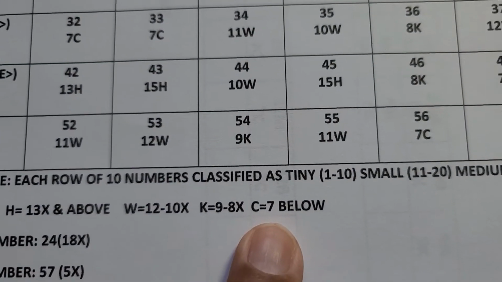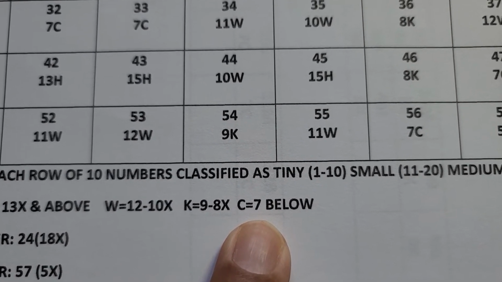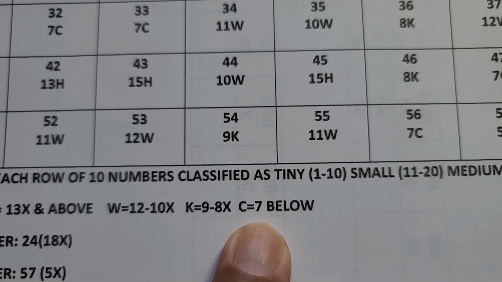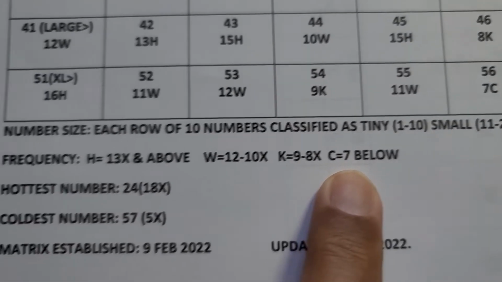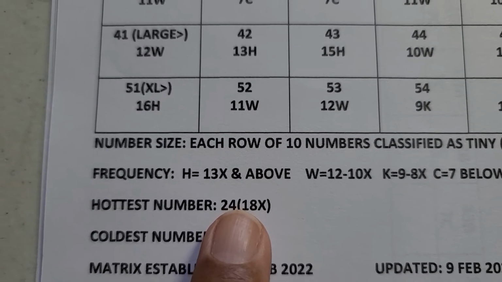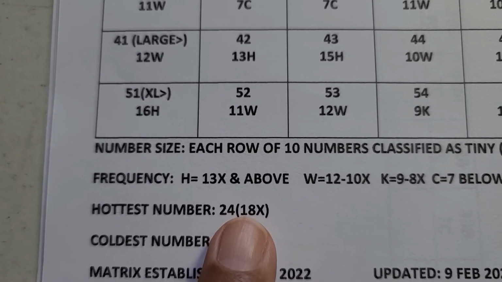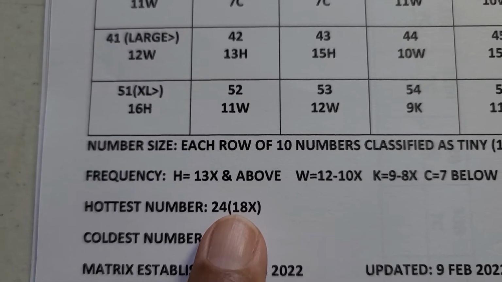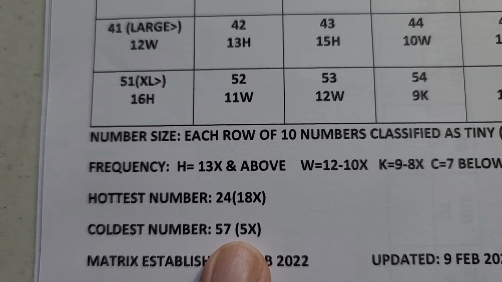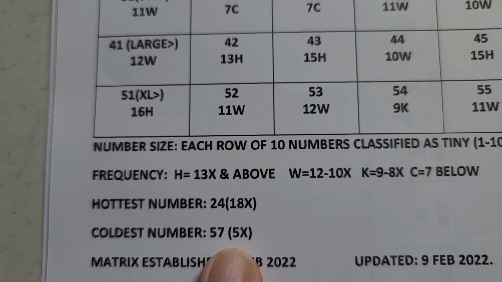And then finally, the coldest numbers. These are numbers that appeared 7 or less, and I believe the hottest number right now, as of the last draw, was 24, which appeared 18 times in the last 100 draws, and the coldest number is 57, which appeared only 5 times in the last 100 draws.